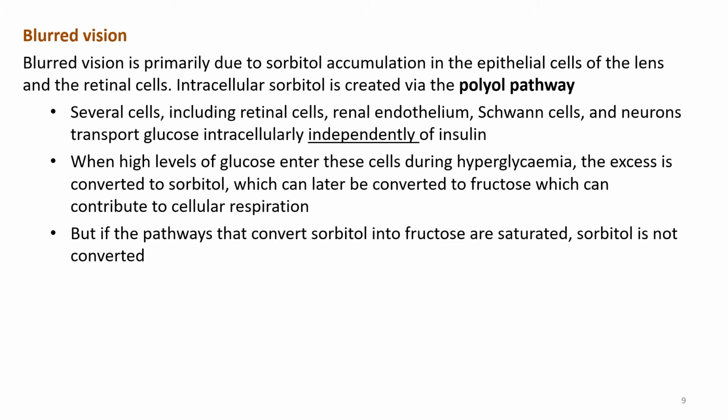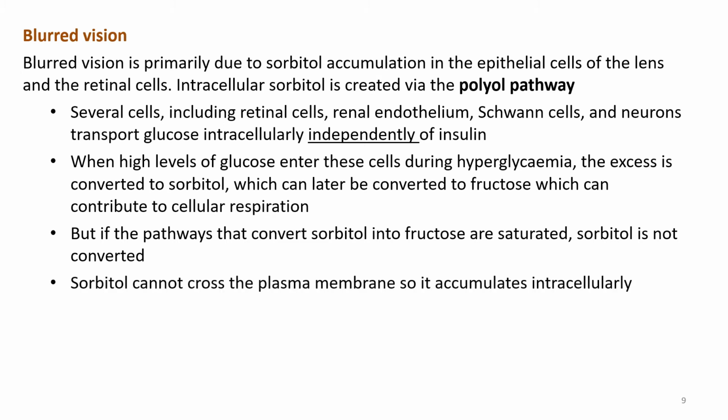So if the pathways that convert sorbitol into fructose are saturated, we've already converted our glucose into sorbitol, but now we can't convert it into fructose. Sorbitol cannot get out of the cell either. Sorbitol can't cross the plasma membrane, so it accumulates intracellularly.